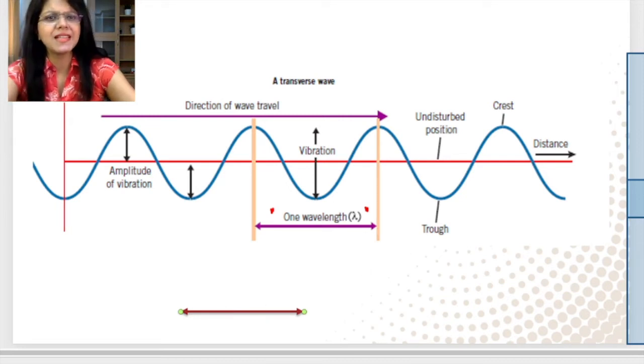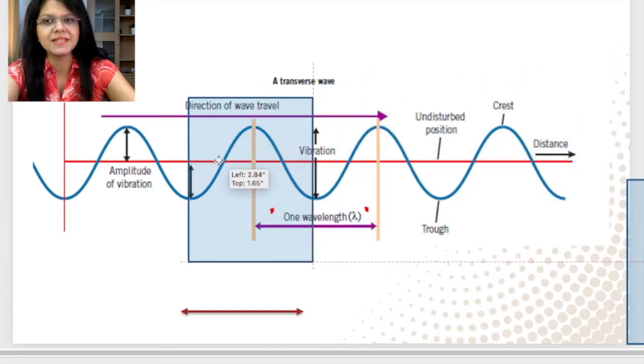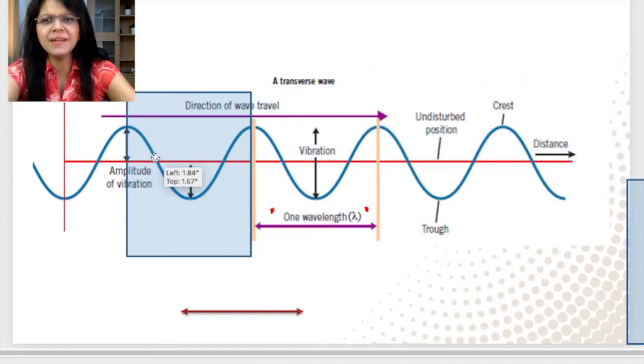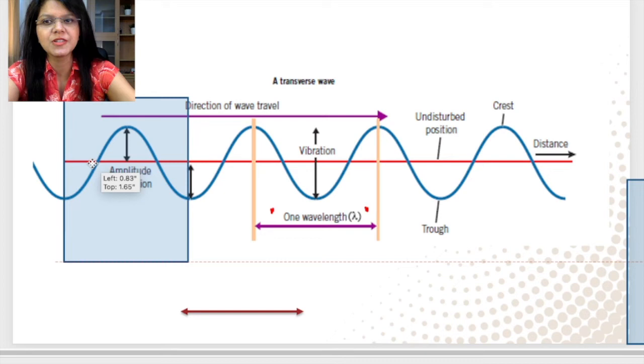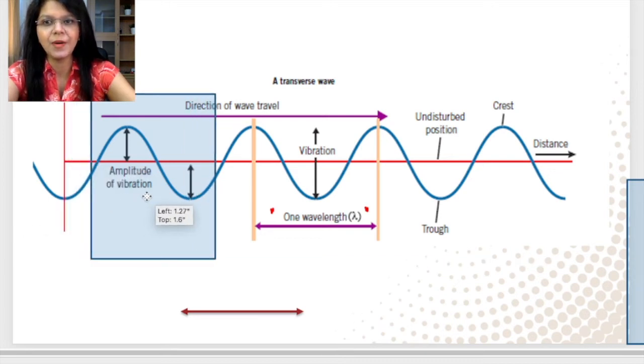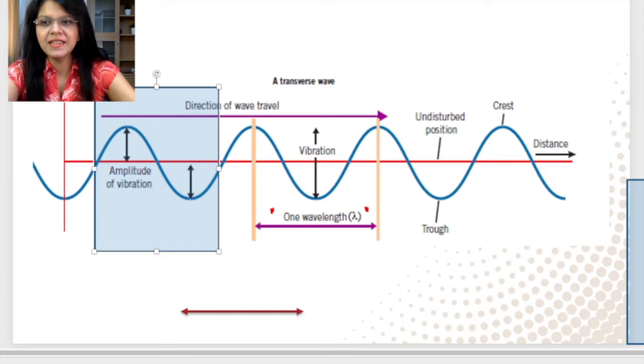Alright, one more slightly important thing to understand. Say that one small portion of the wave looks something like this, as it is in this box. If you look inside this transparent blue box, you have a small segment of the wave. This small segment is getting repeated again and again.